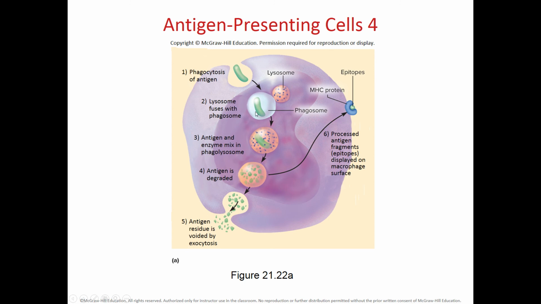So you will form what we call the phagosome, and then these enzymes will start destroying this bacteria into pieces, and part of these pieces will be presented in this MHC protein, major histocompatibility complex protein, and then your epitope, your important part of the bacteria, will be presented in here, and it will attract the immune system cells. And then whatever is not important will be degraded and thrown away.